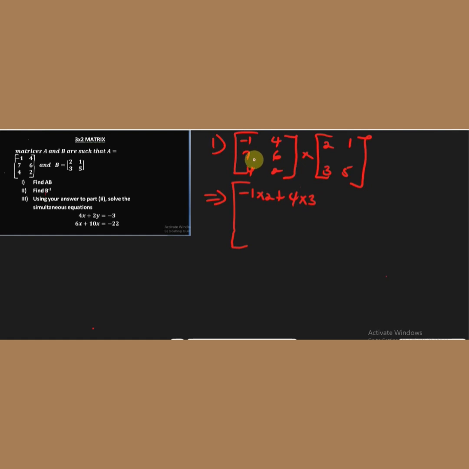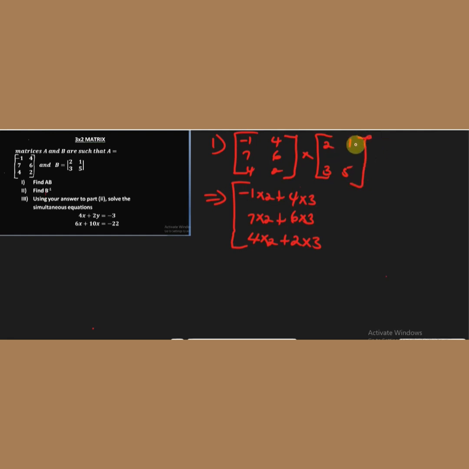Then I will go with 7 and 6: 7 times 2 plus 6 times 3. It's better to write it out to avoid mistakes. Then I'll go with 4 and 2: 4 times 2 plus 2 times 3. So I'm done with this column.